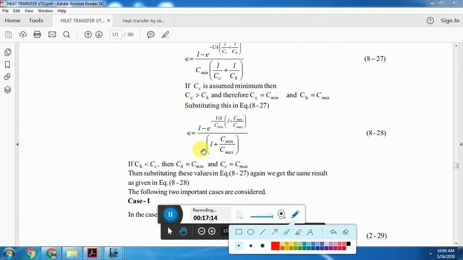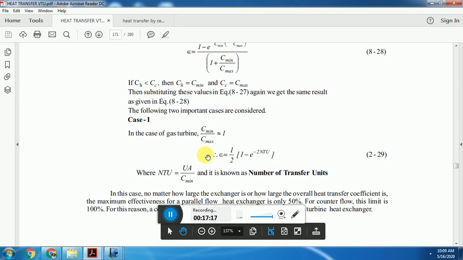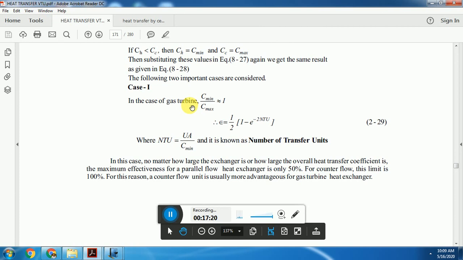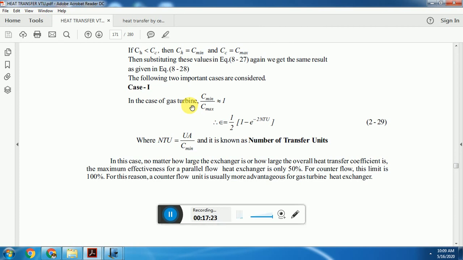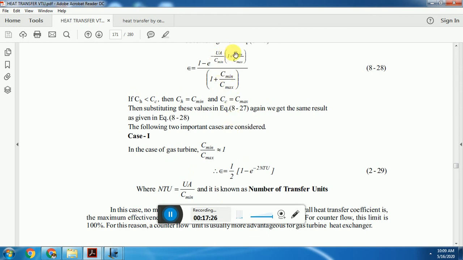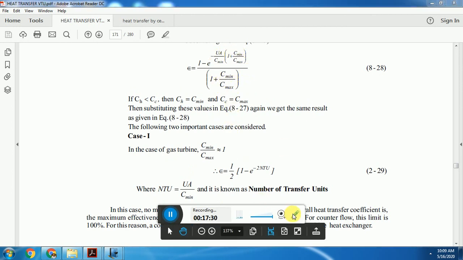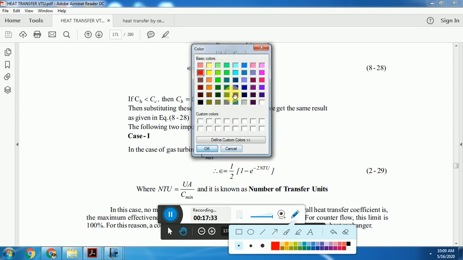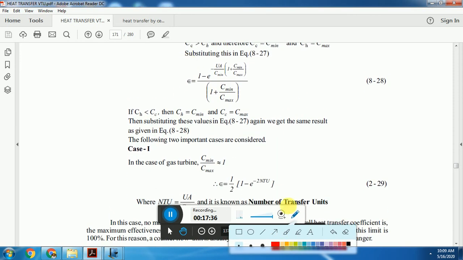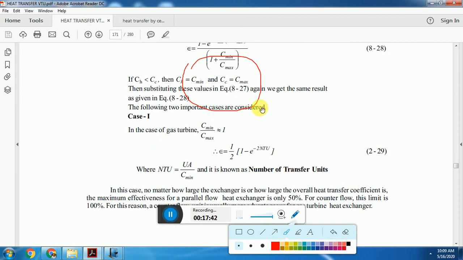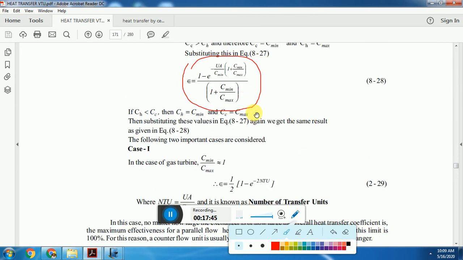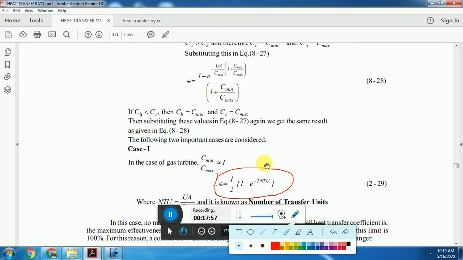If we study its different cases, in case 1, if Cmin by Cmax is equal to 1, then if I substitute Cmin by Cmax equal to 1 in equation 8.28, I will get epsilon equal to 1 by 2 into 1 minus e raised to minus 2 NTU.